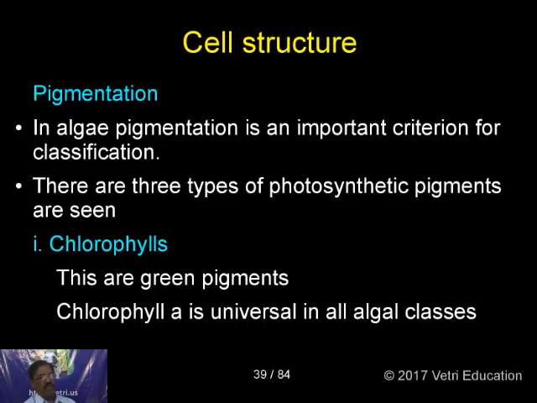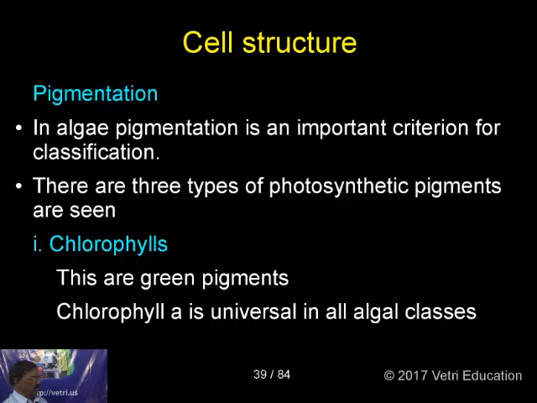Pigmentation is one of the criteria for the classification of algae, and in the majority of algae, chlorophyll A is present. There are three types of photosynthetic pigments seen here.